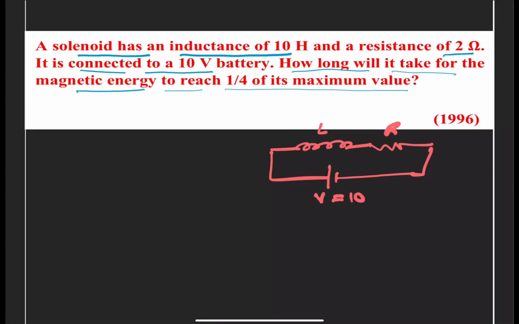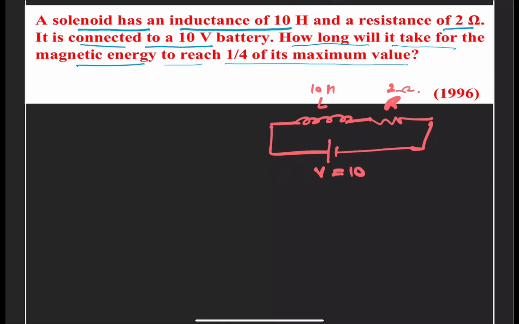This is the basic figure. The value of inductor is given as 10 Henry and resistance is given as 2 ohm. And we have to find out how long it will take for the magnetic energy to reach 1/4 of its maximum value. Energy will be only stored in the inductor.